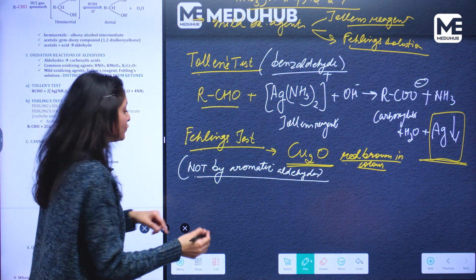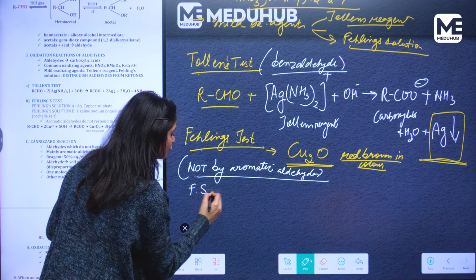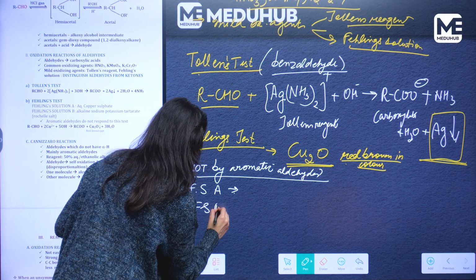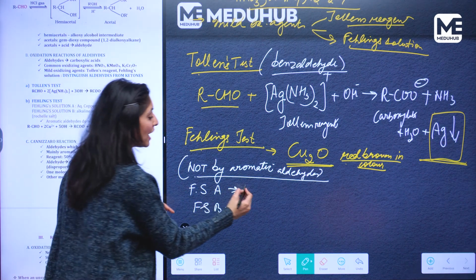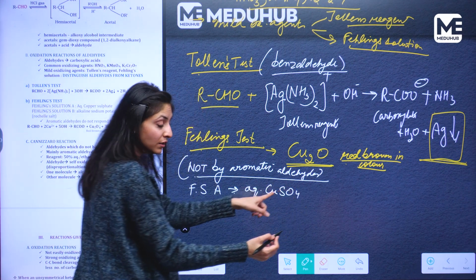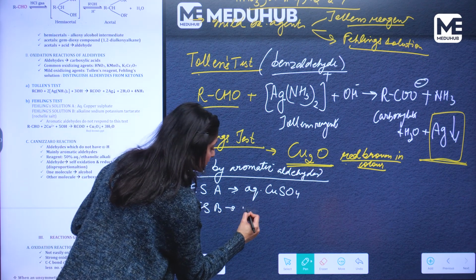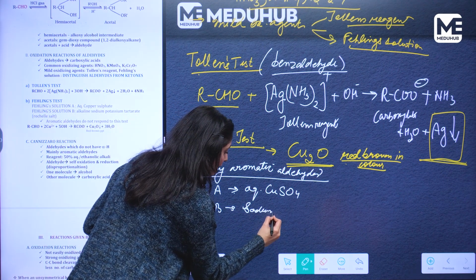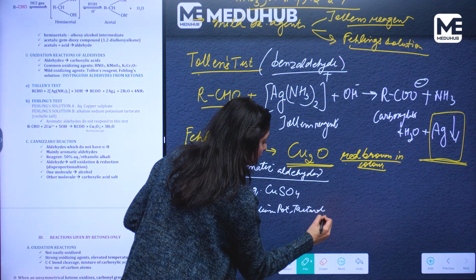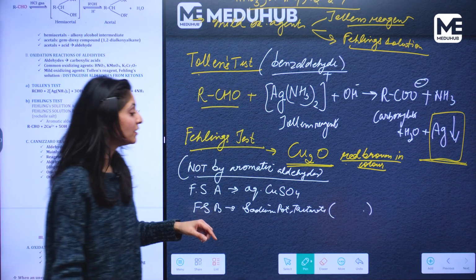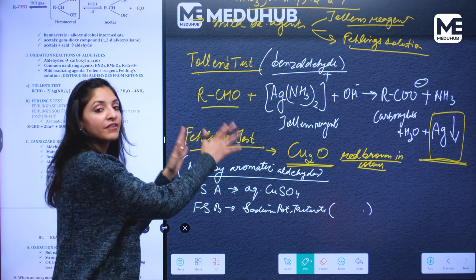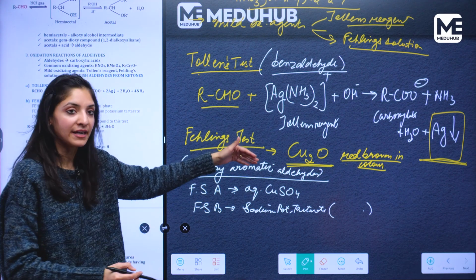Fehling's solution is made up of Fehling's solution A and Fehling's solution B. Fehling's solution A is an aqueous solution of copper sulfate, CuSO4, which is blue in color. Fehling's solution B is sodium potassium tartrate, which is also called Rochelle salt. When you mix both of them in equal amounts, that is freshly prepared Fehling's solution, it reacts with aldehydes.